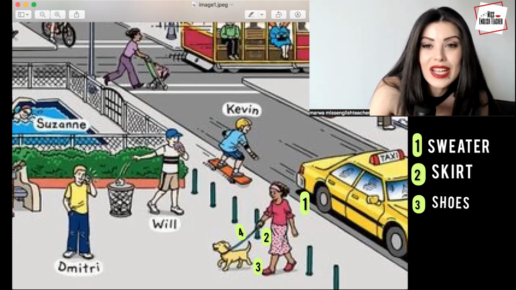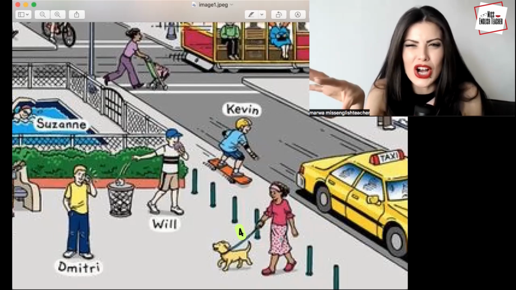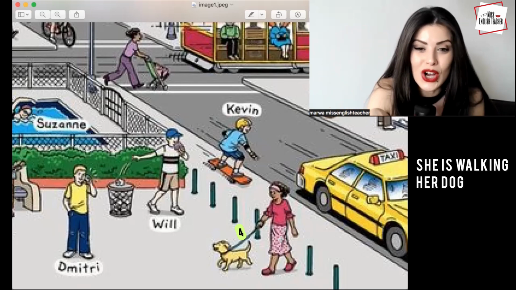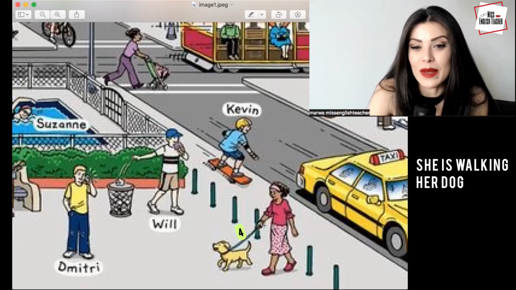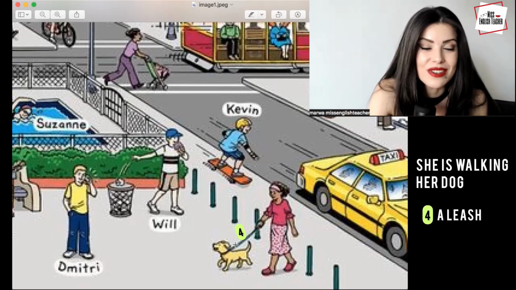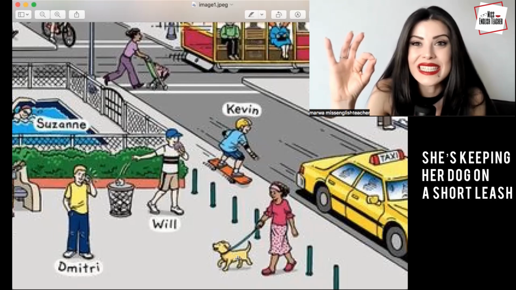And she's walking her dog. If you said she's walking with her dog, that's not correct. We would say she's walking her dog, and then we can describe this. You see this part? This is a leash, yeah? And she's keeping her dog on a short leash.